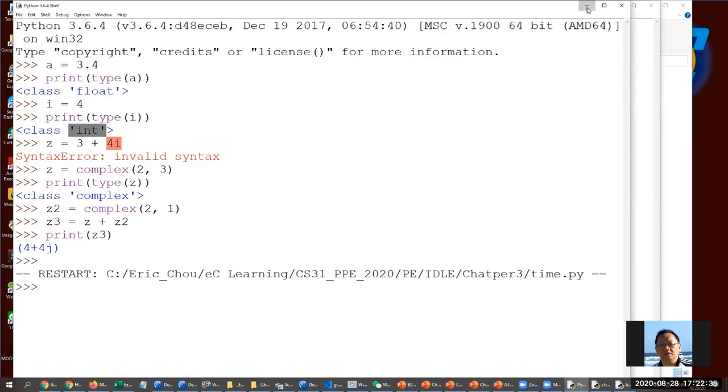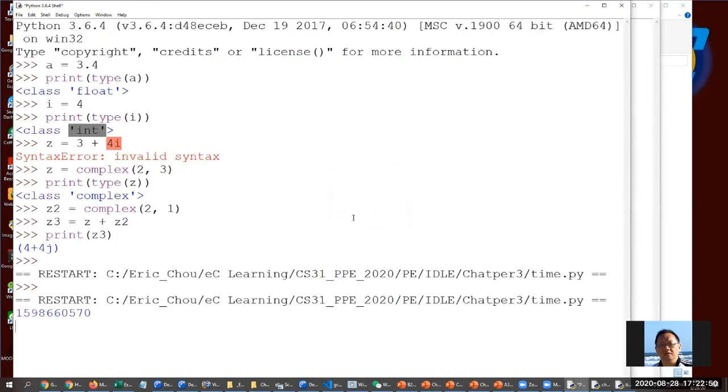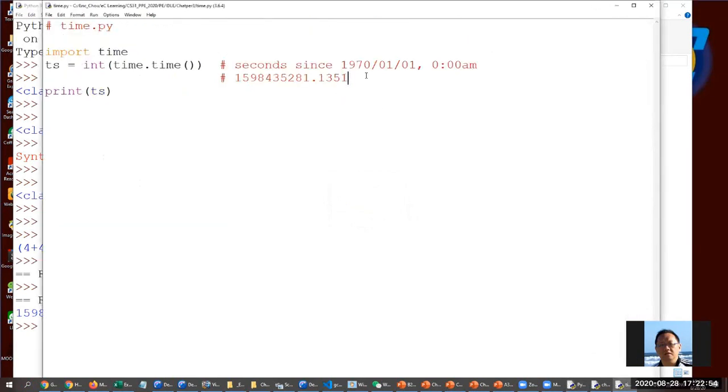Let me see. I forgot to print it. Sorry. So here, let me print. Yes. So it's like this. I already converted to seconds.